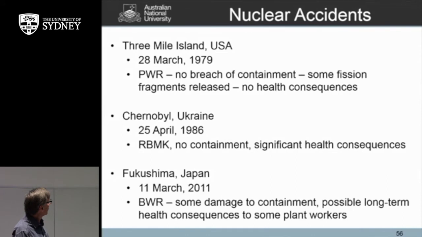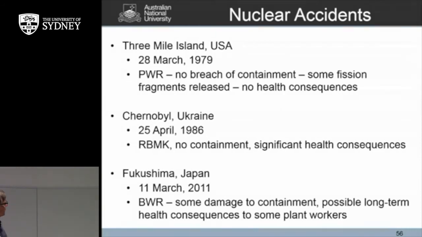Contrast Chernobyl in Ukraine. This is a Russian reactor, RBMK, terrible reactor design, originally designed as a plutonium production machine, not a submarine engine. No containment, blew away the core, killed people, significant health consequences.